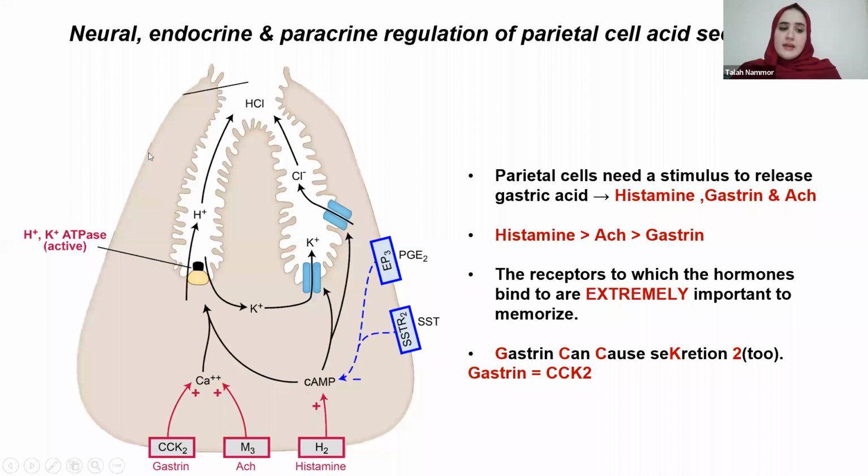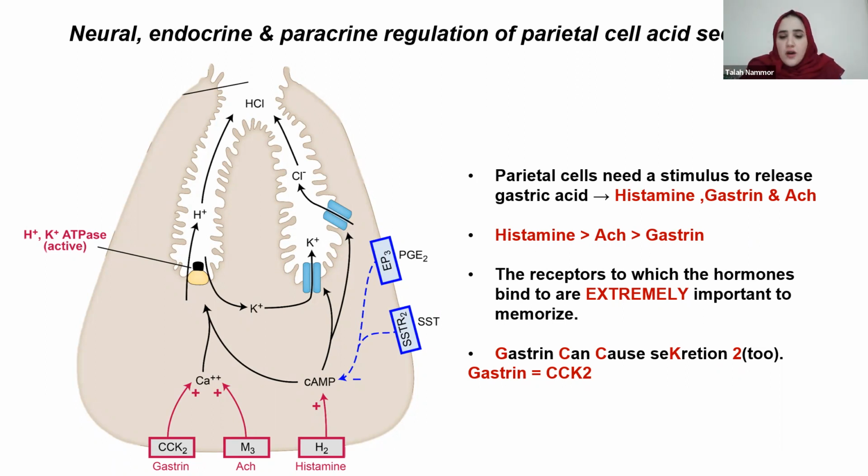So okay, it's activated. What will happen? In the hydrogen potassium ATPase, hydrogen will be secreted out. You can see hydrogen is secreted out, and then they take in a potassium. So hydrogen out, potassium in. Okay, and then guys, think of it.